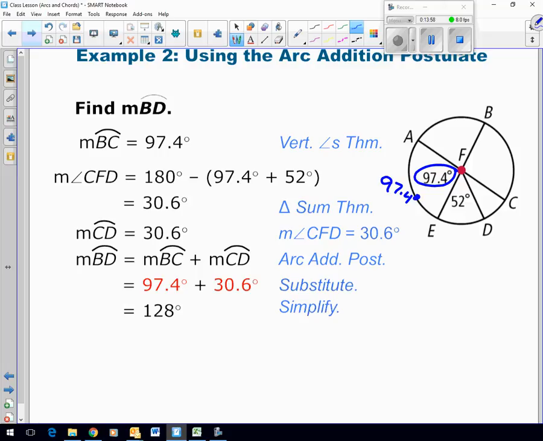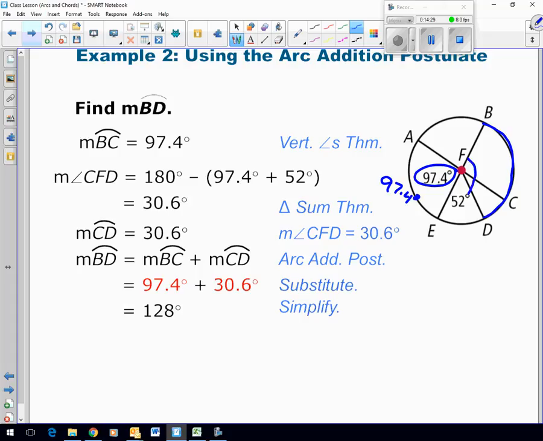So basically, when it asks me to find BD, let's go B to D. To find B to D, all I need to do is take the measurements of the arcs along it, BC and CD, or I can make it really easy on myself and figure out what these angles are down here.